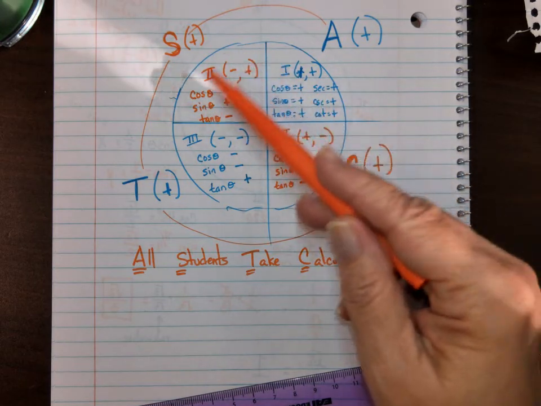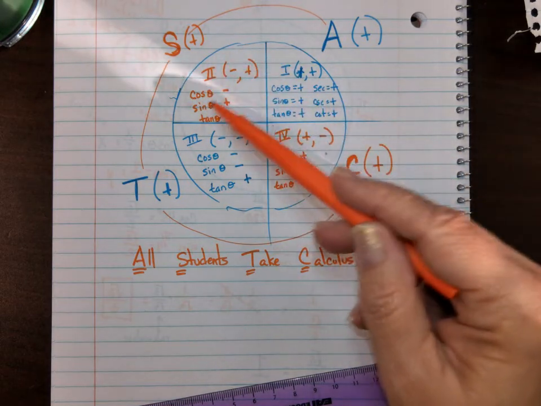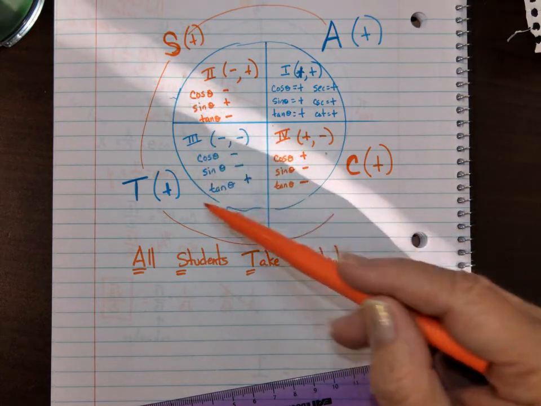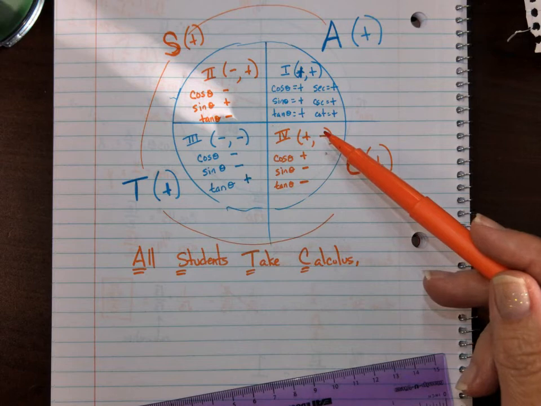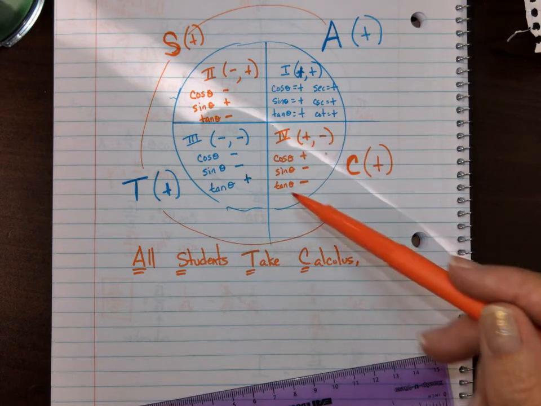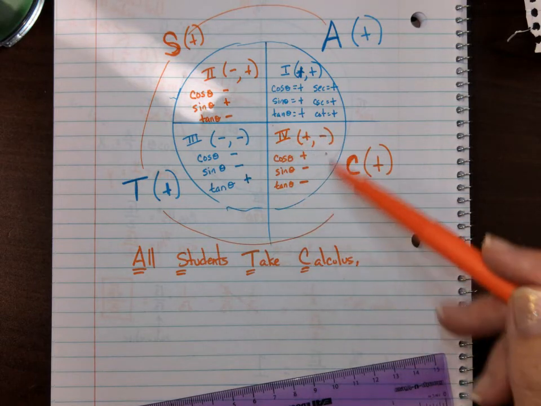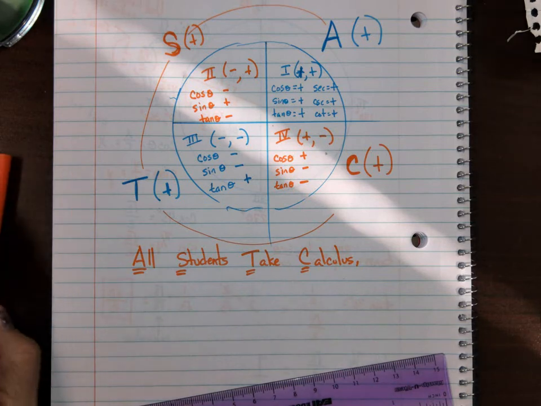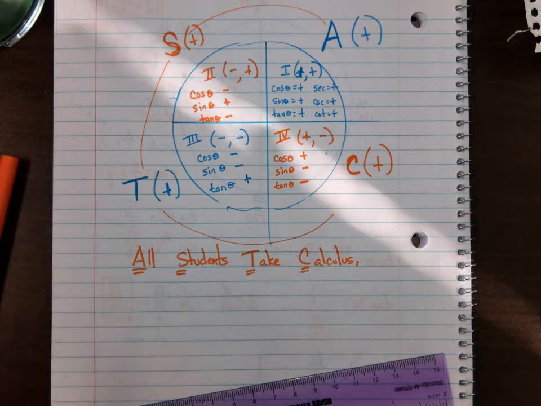Second quadrant, only sine and cosecant are positive. Third quadrant, only tangent and cotangent are positive. Fourth quadrant, only cosine and secant are positive. You could come up with your own acronym using ASTC if you like. But that's an idea about helping you know the positives and the negatives.